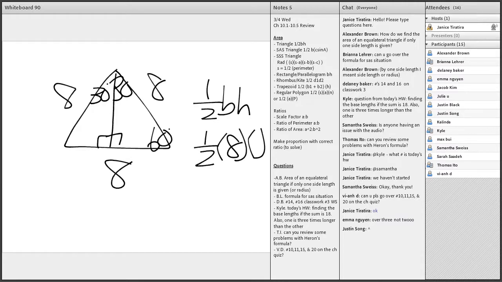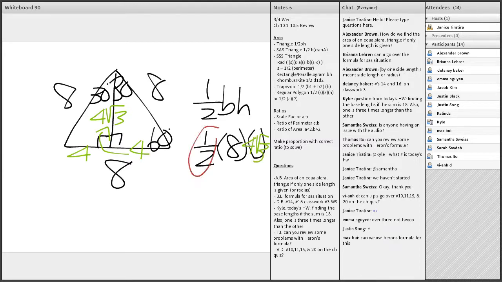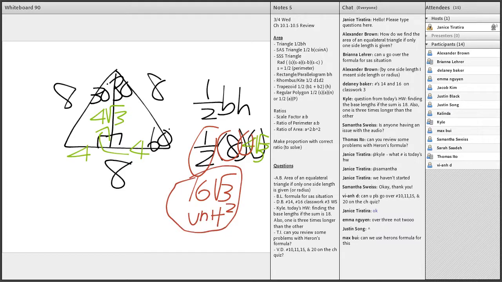So now to find the height, this is 4 and 4, so I would multiply 4 by rad 3, and boom, that's my height, 4 rad 3. If you take half of 8, that's 4, and then 4 times 4 is 16, and you leave the rad 3. And there it is, same exact answer. To tell you the truth, this is a little easier than the 1/2 apothem times side times number of sides.